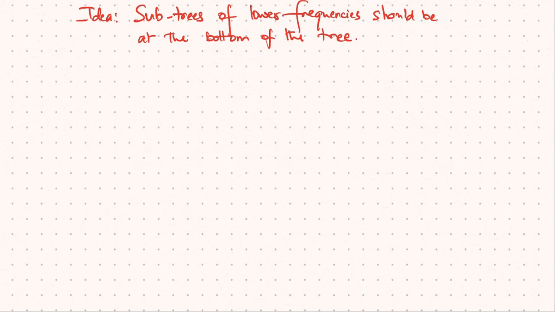So this is the idea. The subtrees of lower frequency should be at the bottom of the tree. Okay. So what our algorithm will essentially do is, let's say we have our n symbols. So symbol 1, symbol 2, and so on, symbol n minus 1, symbol n, and let's say the frequencies, right?